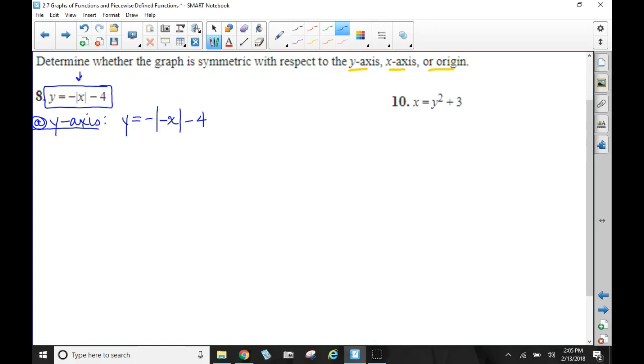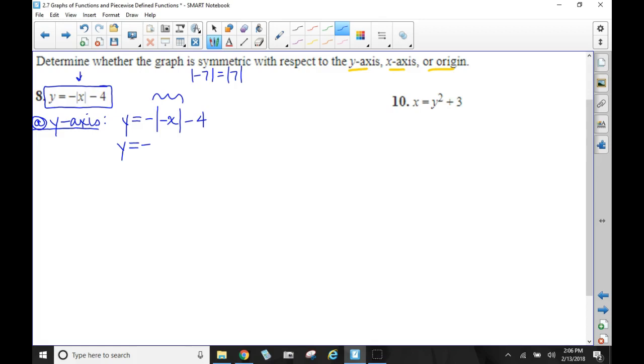Well, the y doesn't change. Bring down the negative sign, and then let's think about what the absolute value bars do. The absolute value of a negative x is going to be the same thing as just the absolute value of x. For example, the absolute value of negative 7 is the same thing as the absolute value of positive 7.